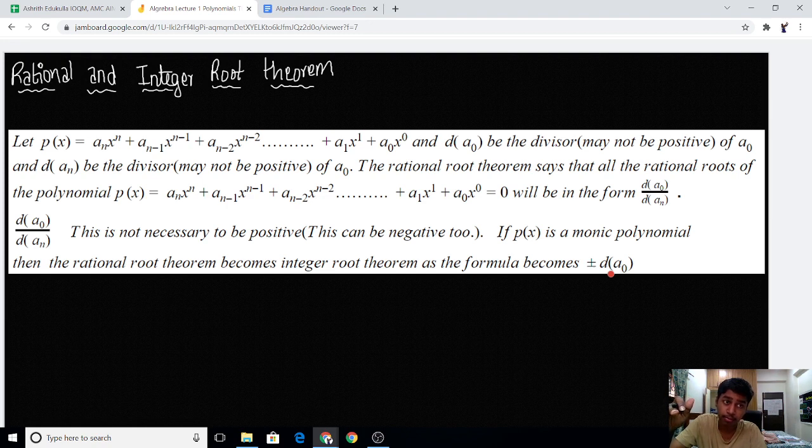If there's something like root 2 or root 3, there's no formula to find those except factorizing. If you want to find any rational or integer root, you can use this formula, d of a naught by d of an.